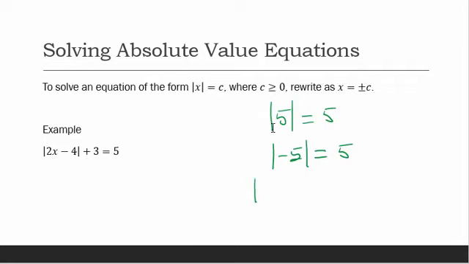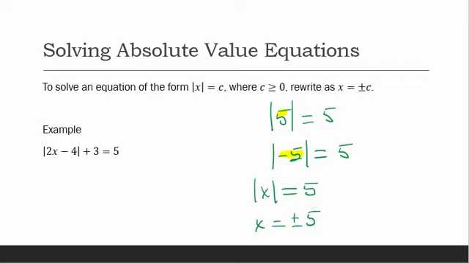So if I wanted to solve the equation absolute value of x equals 5, I know that x could be one of these two things. It could be negative 5 or 5 because the result, once we took the absolute value, was positive 5. So x is plus or minus 5.